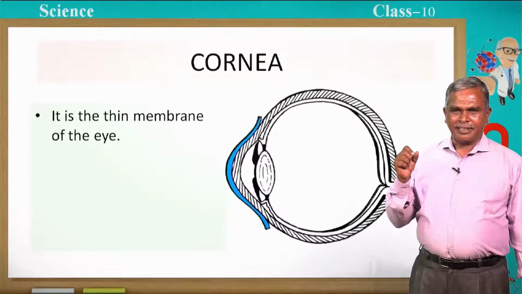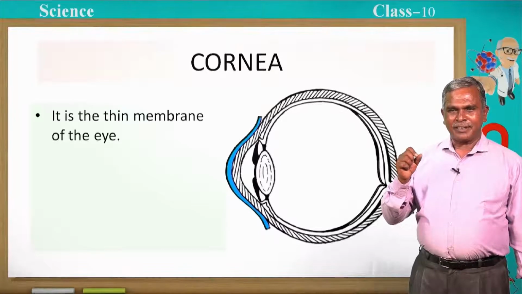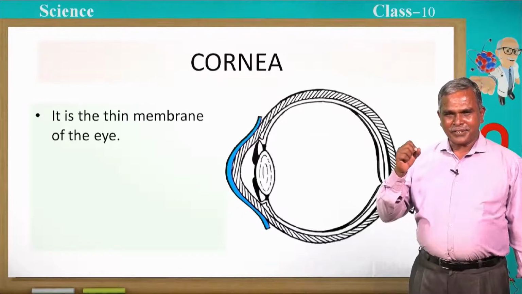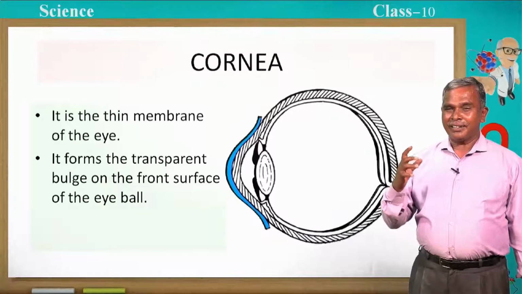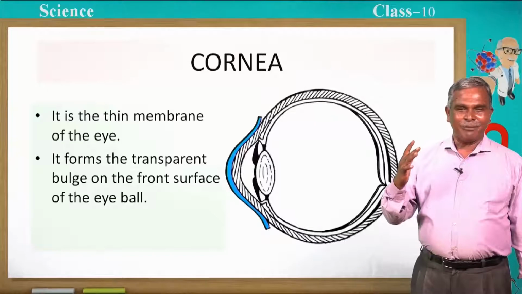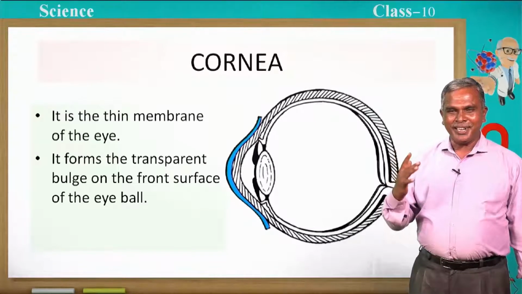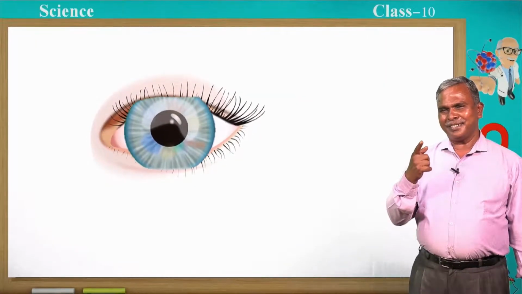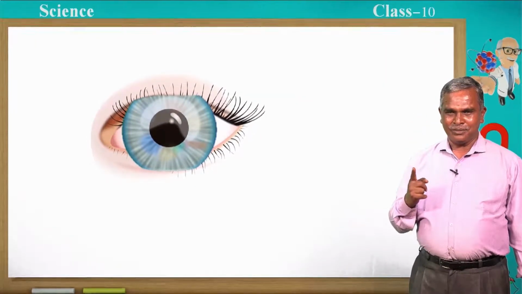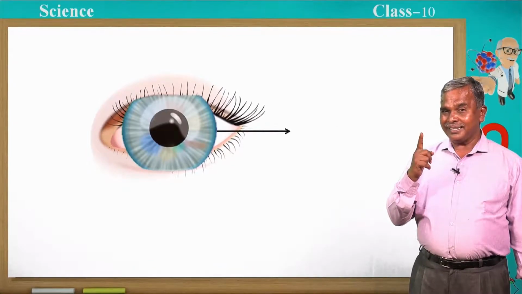The light coming from the distant object will enter the eye first through the cornea. That is why the cornea is called the gateway of the human eye to enter the light. This colorful region is most attractive. This is called the iris.